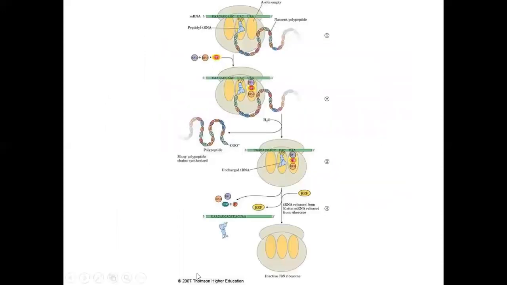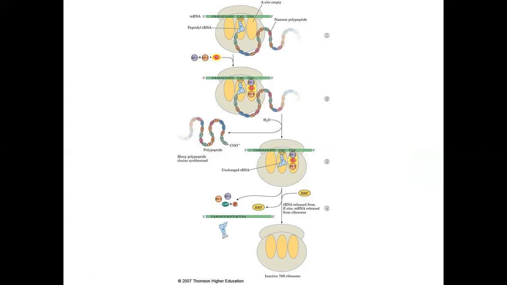So here is the process of translation elongation, where on the mRNA, the protein synthesis machinery makes the polypeptide grow one amino acid at a time, and when the termination codon comes, that means either UAA, UGA, or UAG, then only the protein synthesis is terminated.